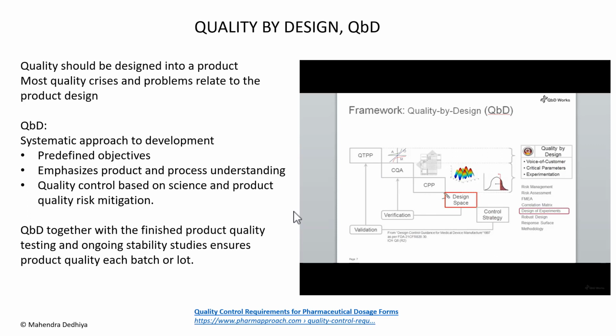We design the space conditions, for example, mixing time, temperature, material characteristics, particle size, designed to address CQA. Based on that, we develop a control strategy. Control strategy could be tighter manufacturing conditions, quality control specification, or tighter material control, particle size specification. We verify that and validate.